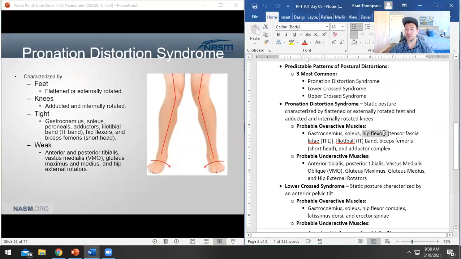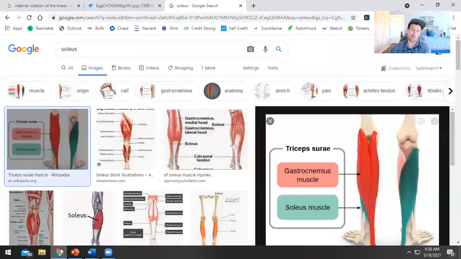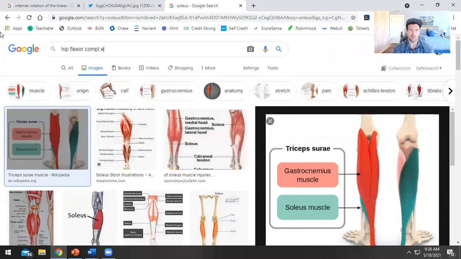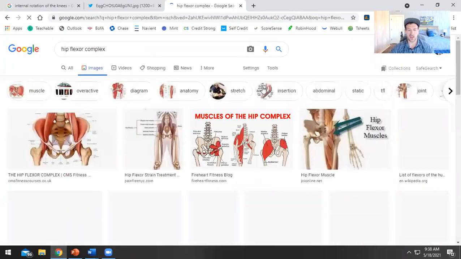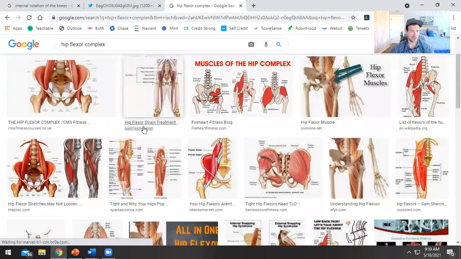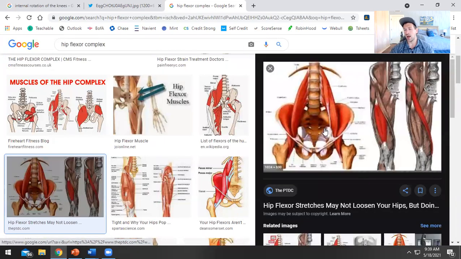We are also going to see hip flexors here, but in particular, your hip flexors are a complex. It's a group of muscles. You can see here's your entire hip flexor. Actually, that's not the right one. That's not it either. There we go.